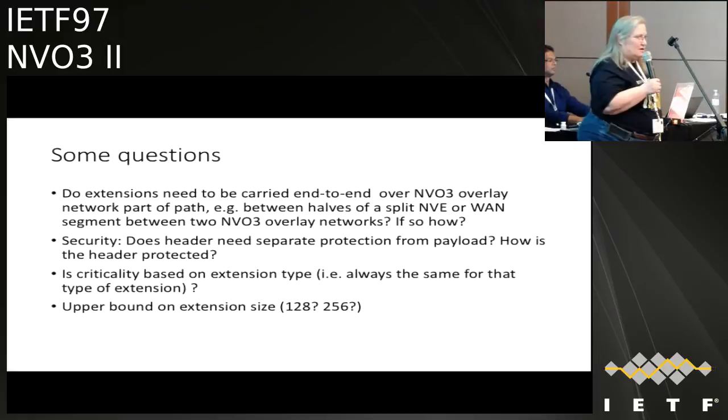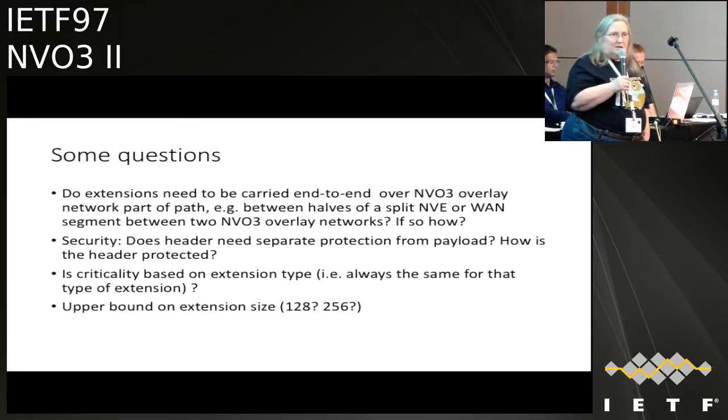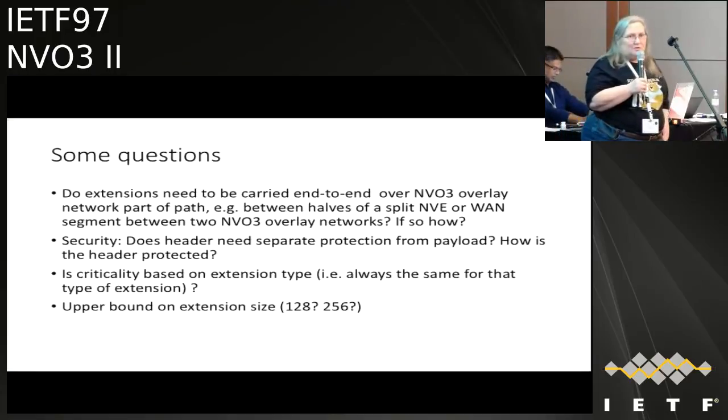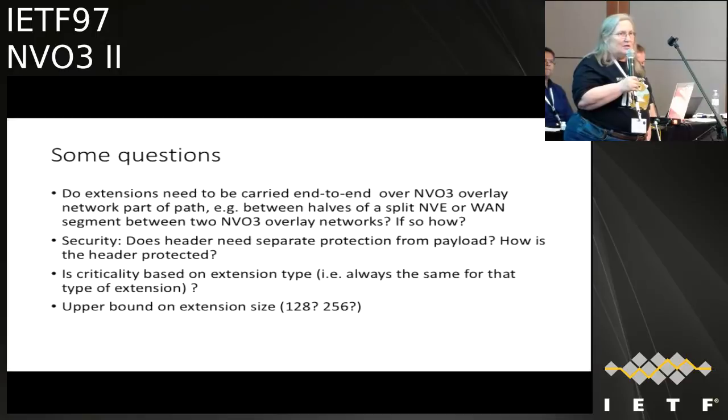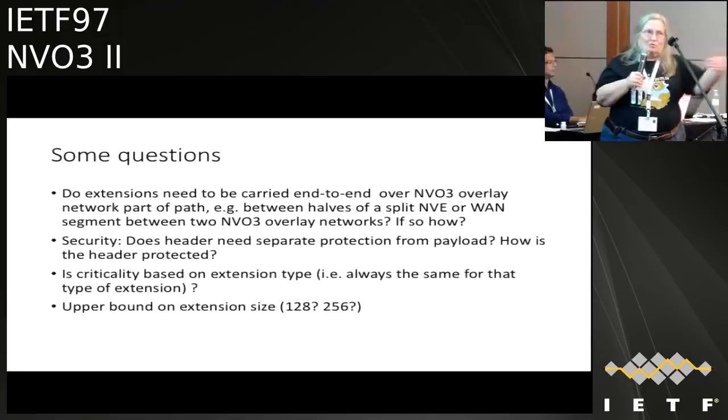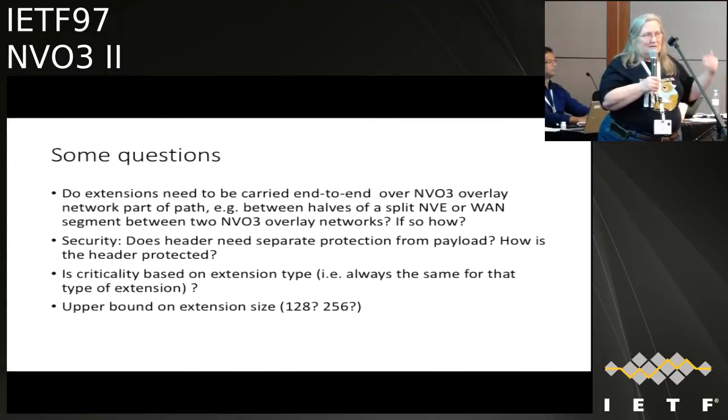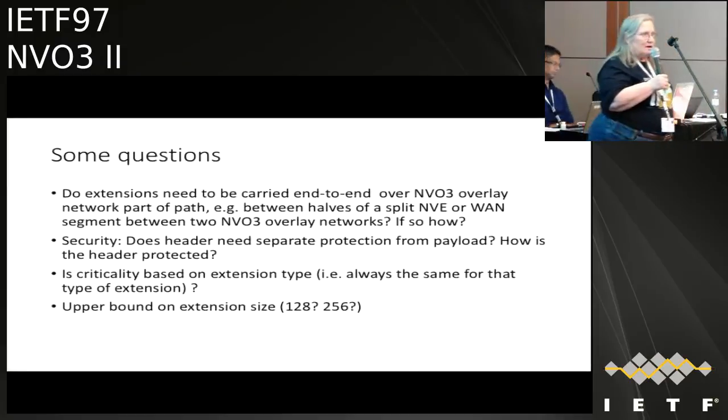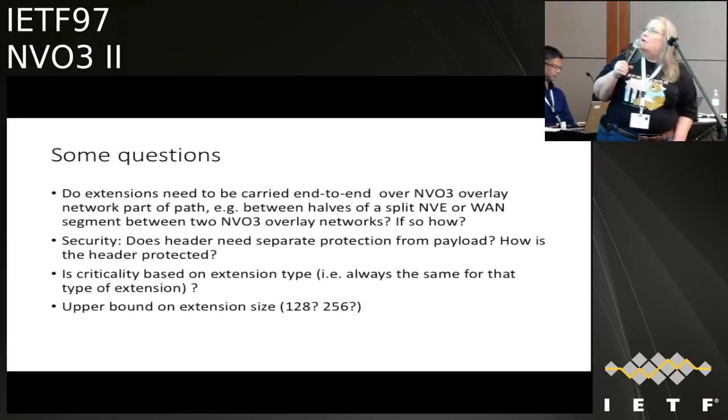It didn't come up during the discussion, but I did hear somebody asking when we were talking afterwards about what's included in that. How much of the overlay headers are included in that number? Is it just the extensions, or can you go out to the full 128 with extensions, or do you also have to take into account the other headers that we're adding, like the UDP header and IP headers, etc.?